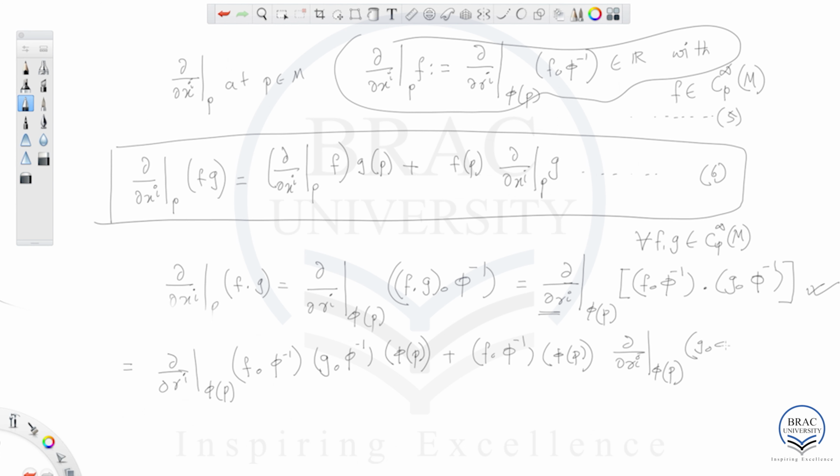Now this will hit this latter function g composed with φ inverse.